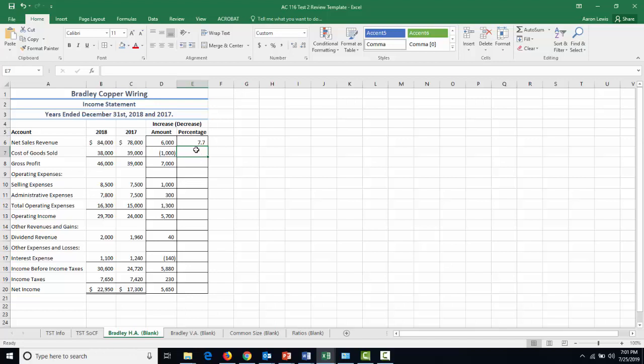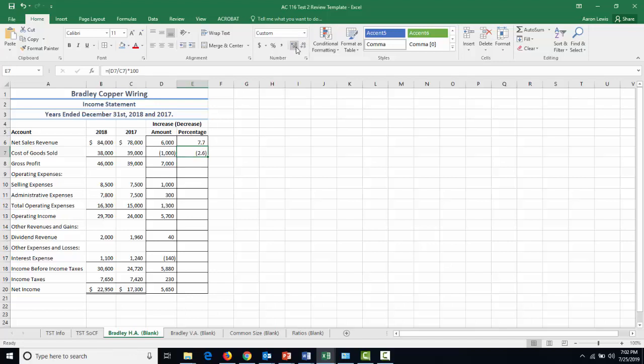Let's do the same concept here for cost of goods sold. Our cost of goods sold percentage is going to be equal to, in parentheses, the amount of decrease in this case that we had, divided by our cost of goods sold in the prior year, close the parentheses, and multiply by 100. We had a 2.6% decrease in our cost of goods sold, and I rounded all of these numbers off to one decimal.